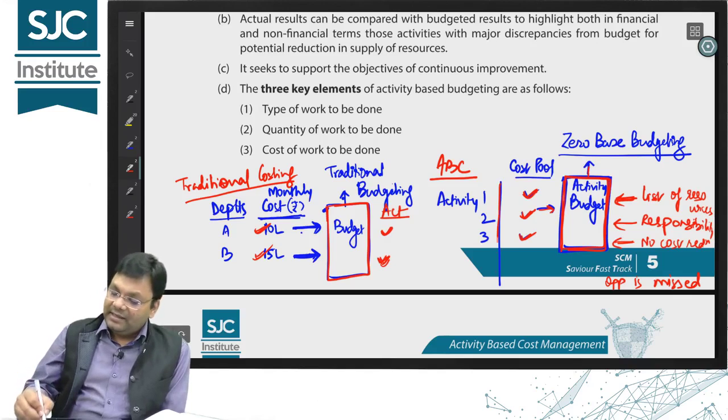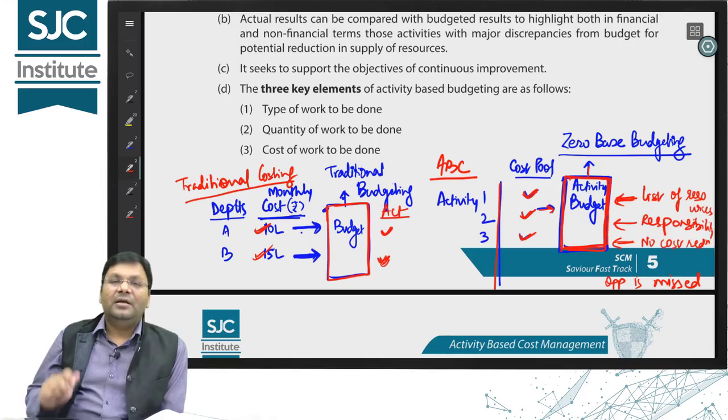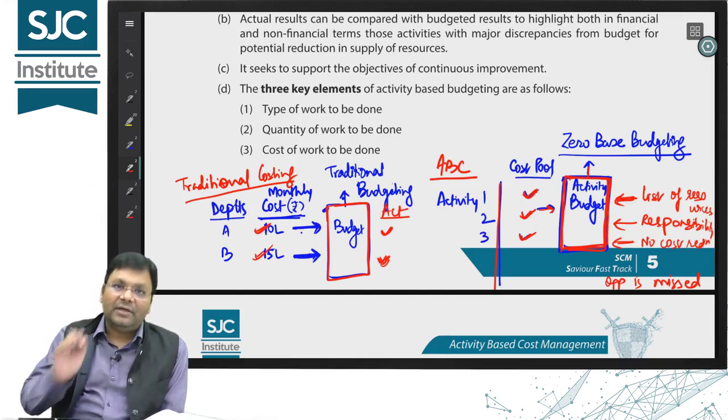Similarly, here also we can do the same performance analysis with activity managers to whom we have already given the activity-based budget. Now what is the actual cost? We can compare and see whether they are within our budget or not, right? So activity-based budgeting will also help us in performance evaluation of our activity managers. Activity-based budgeting's best part is that you know what is going to happen in the activity cost.